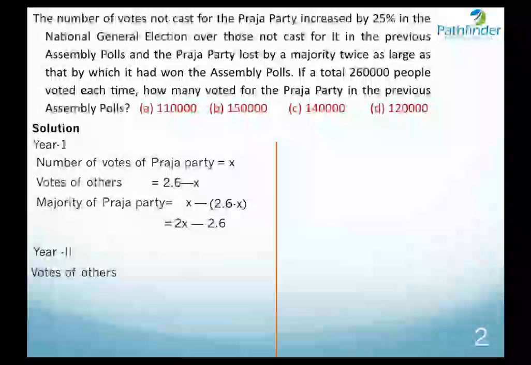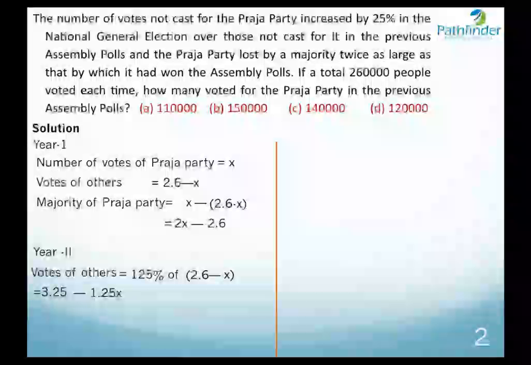Votes of others is equal to 125%, because if it's an increase of 25%, the votes will become 125% of (2.6 minus X) lakhs, which on simplification is 3.25 minus 1.25X.